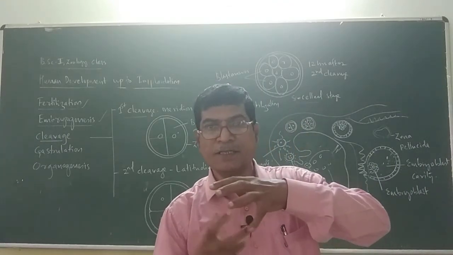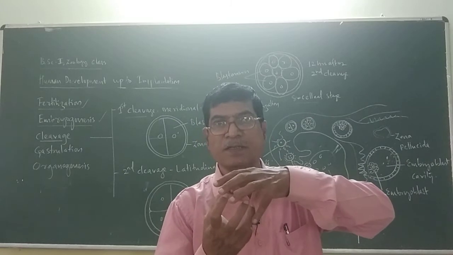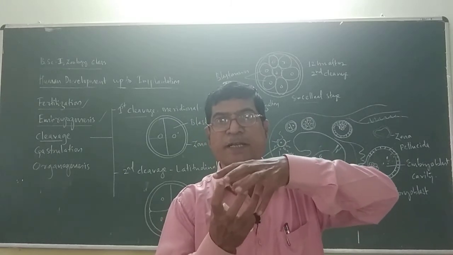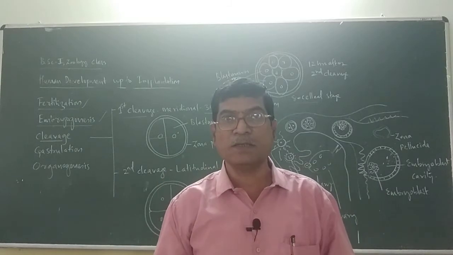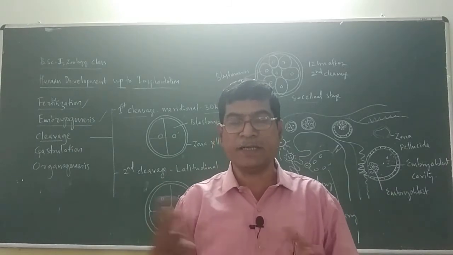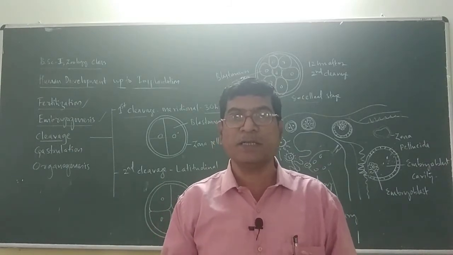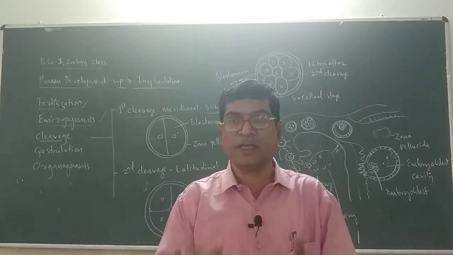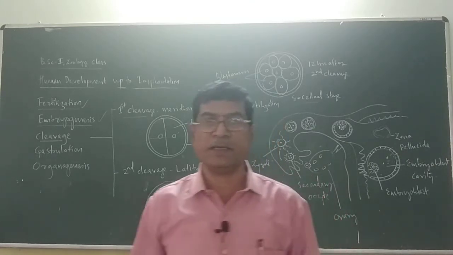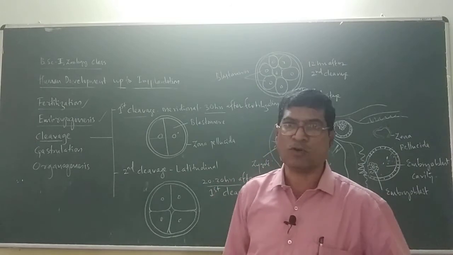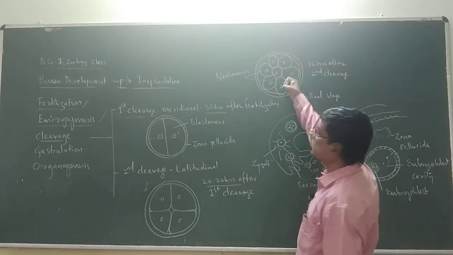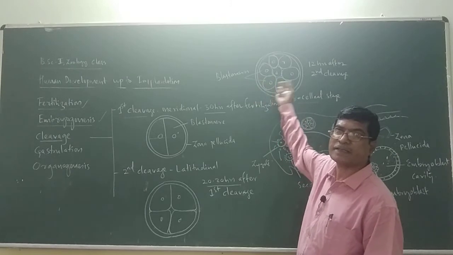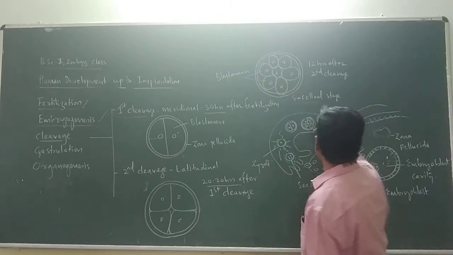Later on, the size of the peripheral cells increases. As a result, the size of the morula increases, to three times that of the zygote. As a result, pressure is created inside the zona pellucida.